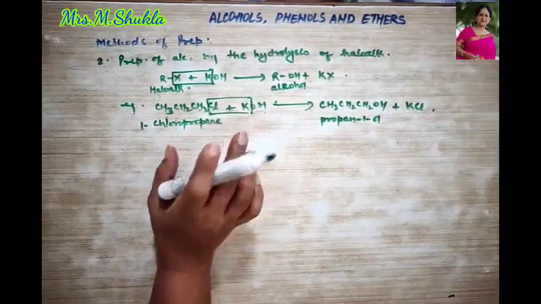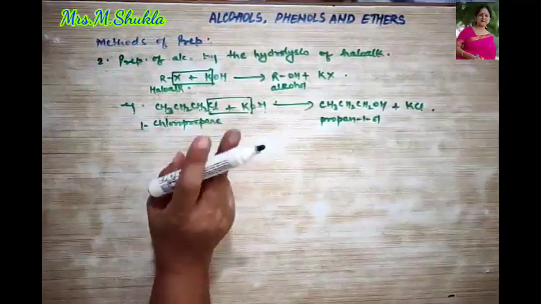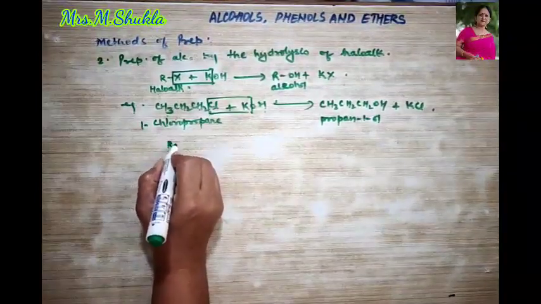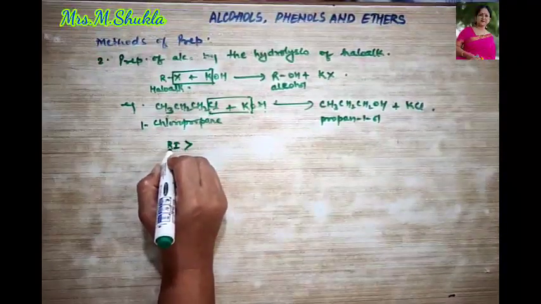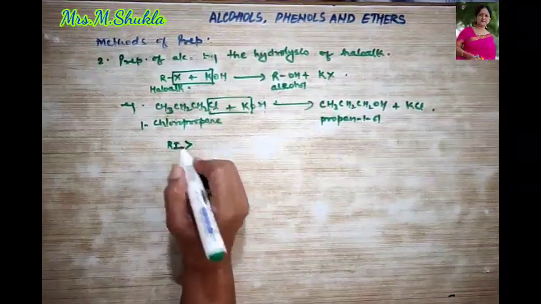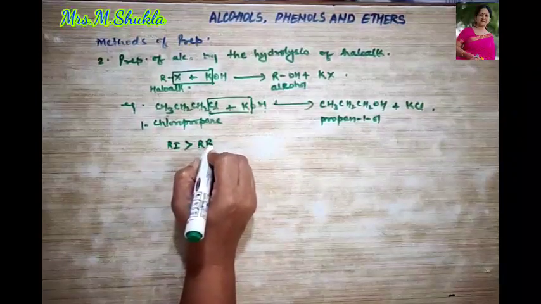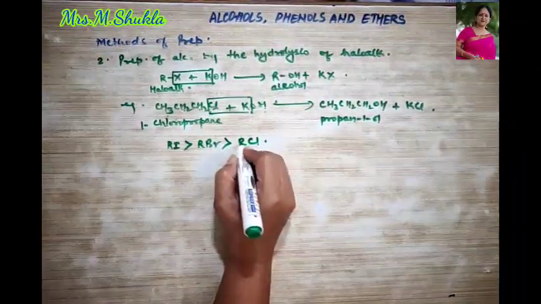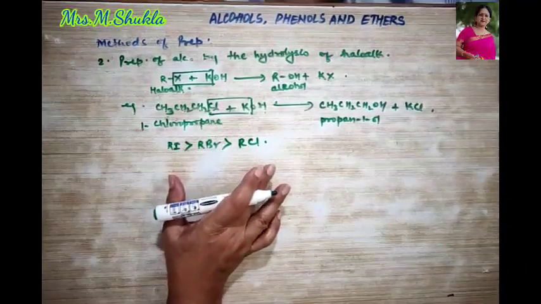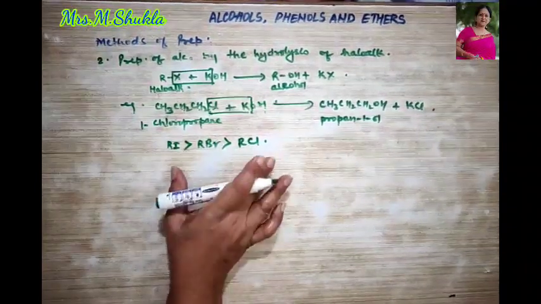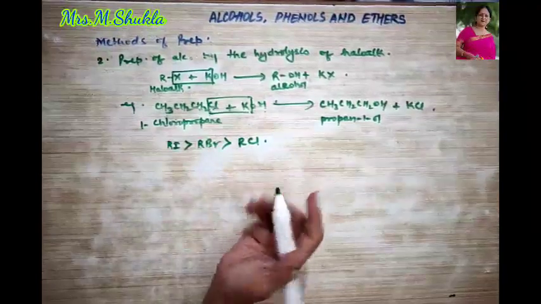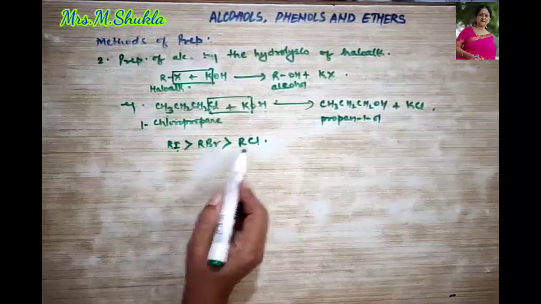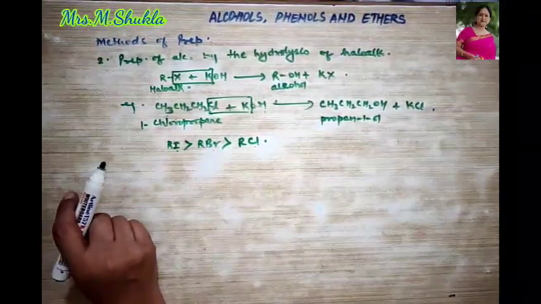Over here, one needs to remember the reactivity of haloalkanes towards hydrolysis: alkyl iodide will be hydrolyzed more easily than bromide, and then the alkyl chloride. So iodide, followed by bromide, and lastly the chloride.